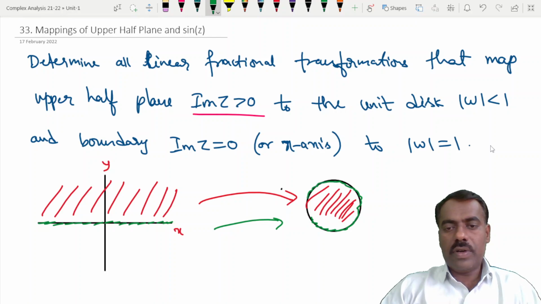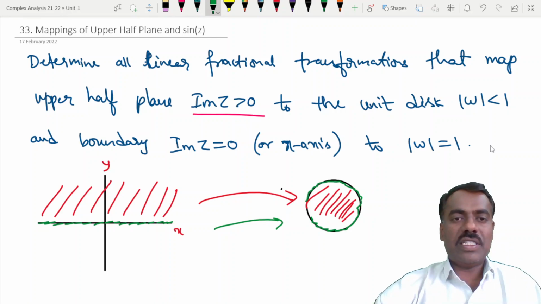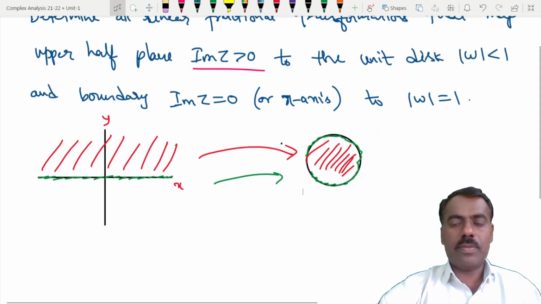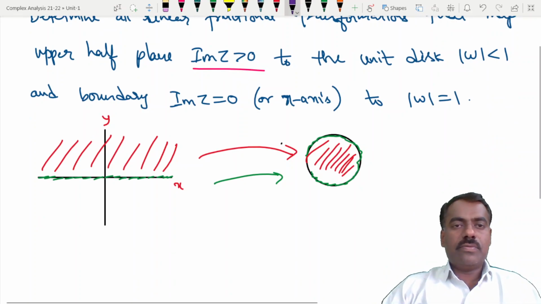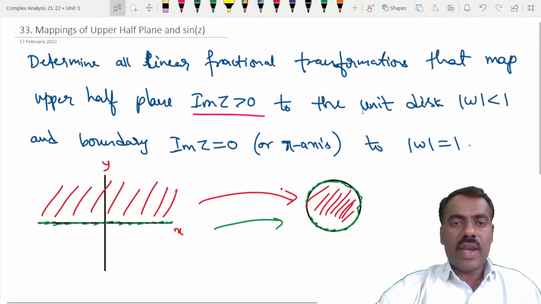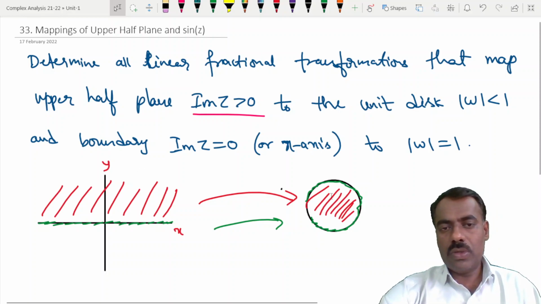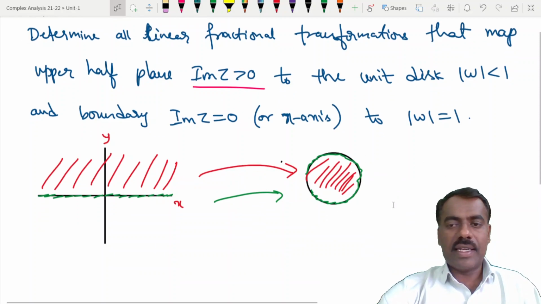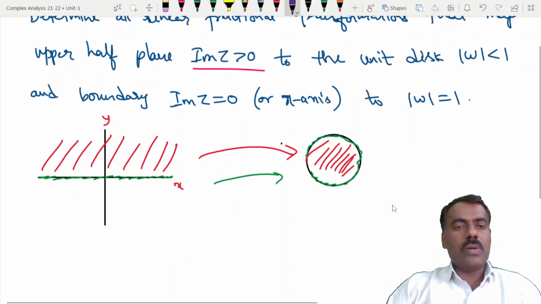So we want to find such a linear transformation, of course a linear fractional transformation, in which the upper half plane goes to the inside, and this x-axis goes to the boundary, that means points on this circle mod w is equal to 1.